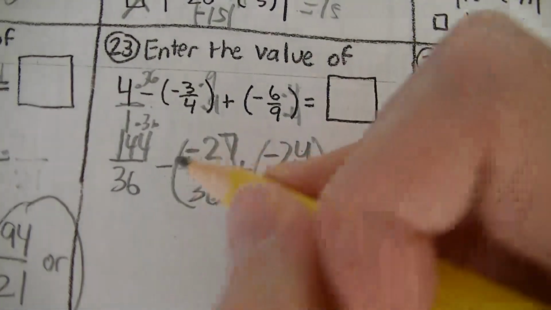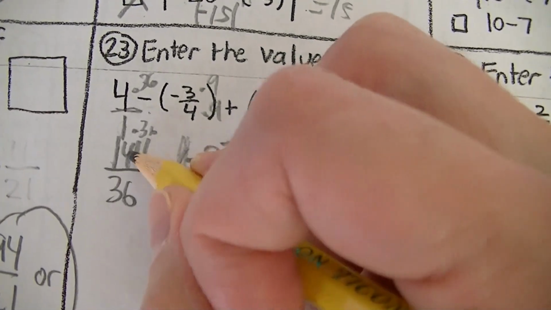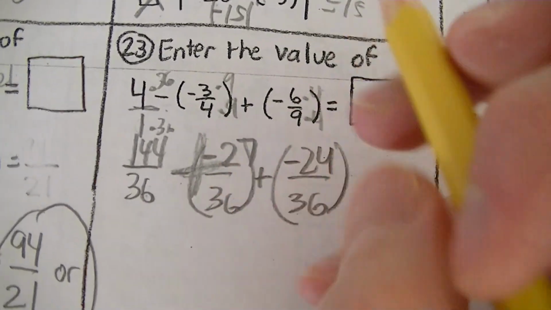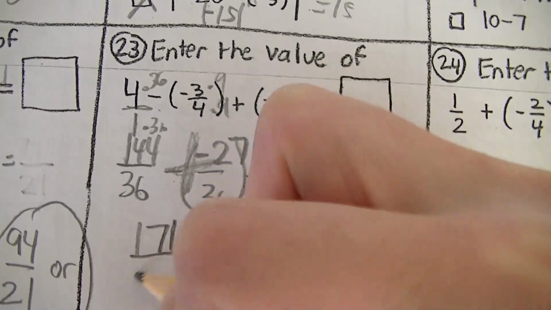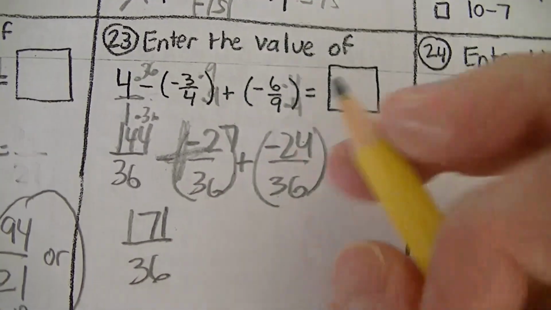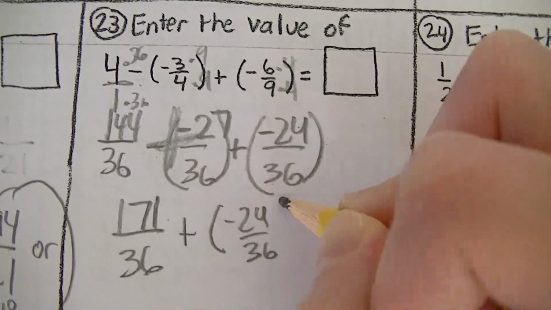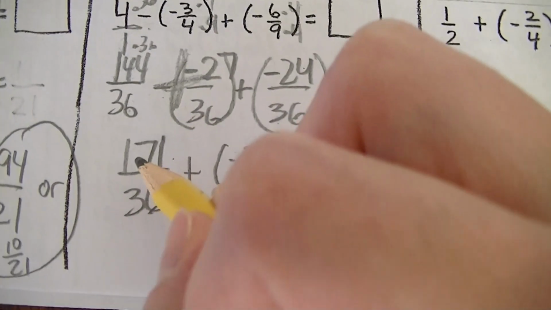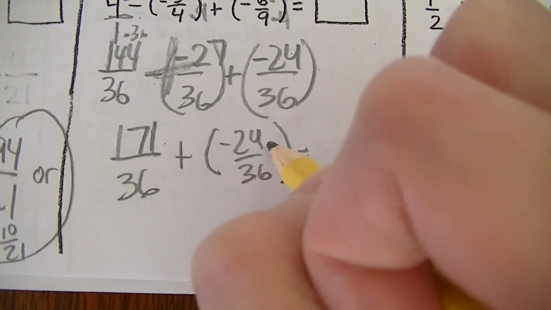So minus a negative, I know that's going to the right. 144/36 plus 27/36. Basically 144 plus 27 is 171. Keep that same denominator. And then plus a negative 24/36. So 171 plus a negative 24.